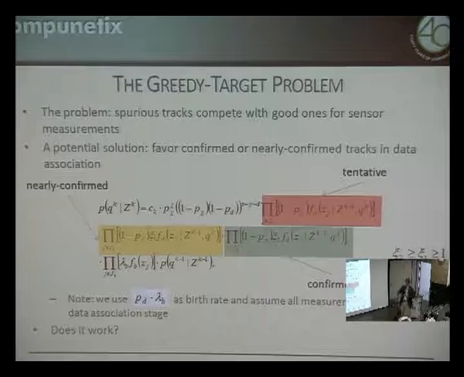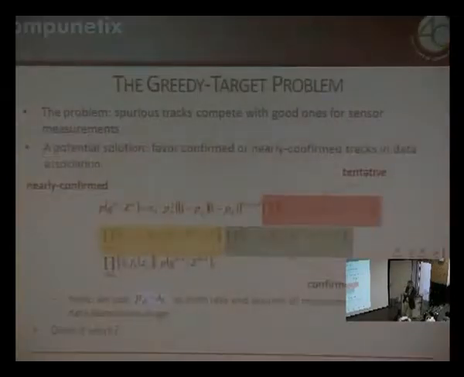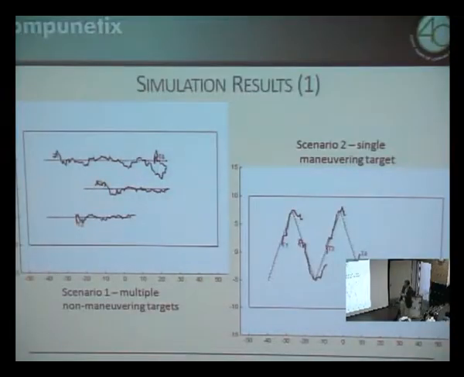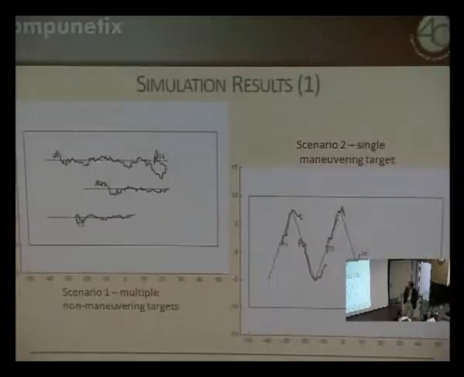The theory says that you should make those contacts available in the same manner to all your tracks and to new track formation. But it turns out that empirically we observe that if we play these games, we do get better performance out of the tracker. I'm just illustrating the fact that we've done benchmark studies of this sort with multiple non-maneuvering targets, or with single maneuvering targets, or with multiple maneuvering targets.